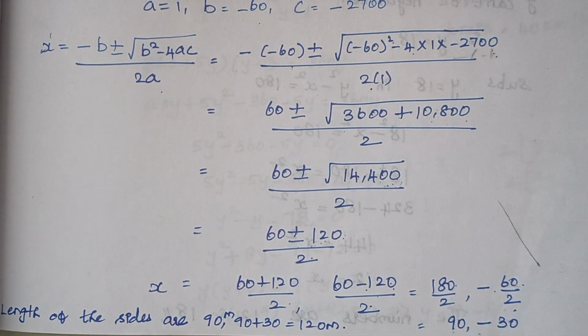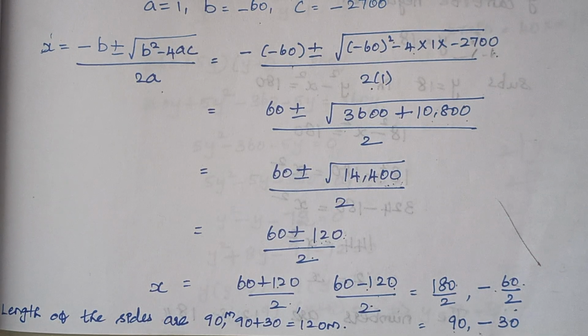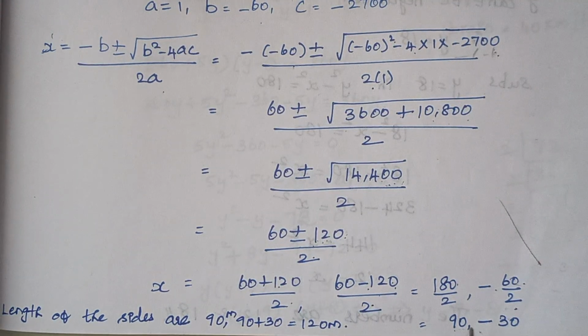Here we are discussing the sides of a rectangular field. The sides of the field should always be positive, right? So we should consider only the positive number and not the negative number. So we are considering the value of x as 90 and not minus 30.